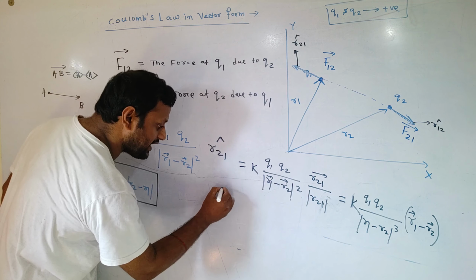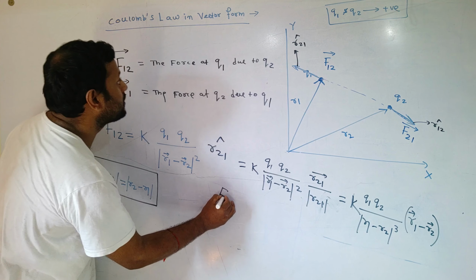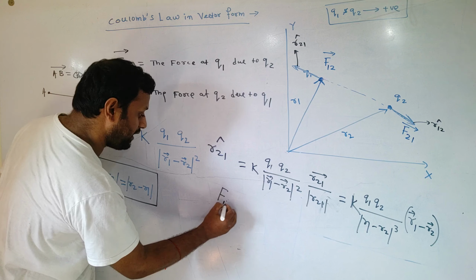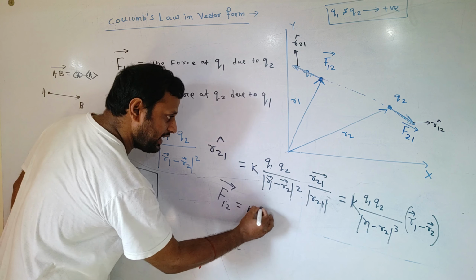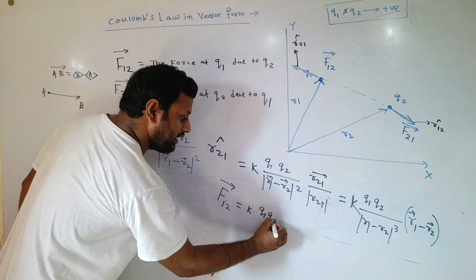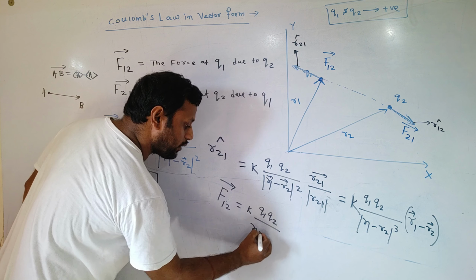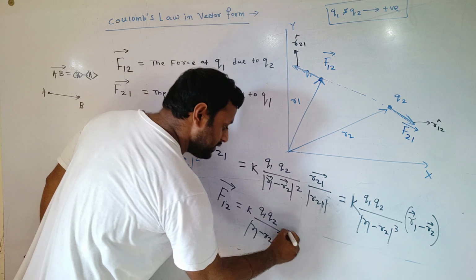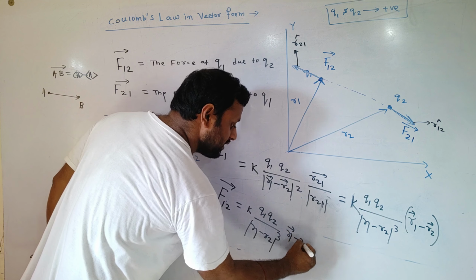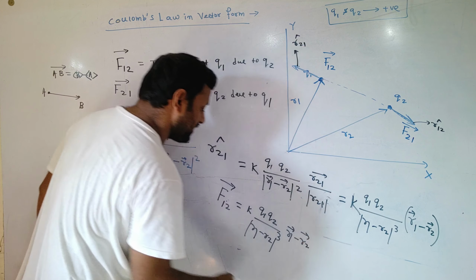So again, force F12 is equal to k q1 q2 divided by mod r1 minus r2 cubed, into the vector r1 minus the vector r2.